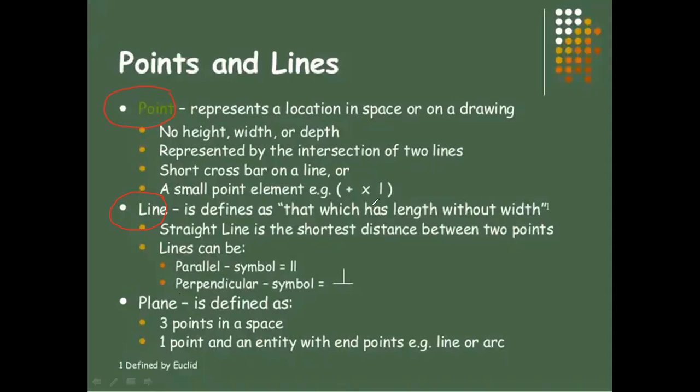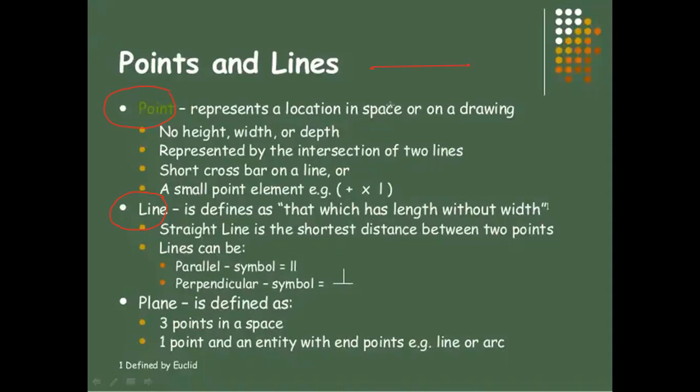Now, for example, we have one point and another point, and we connect them. That means it is a line. Whatever the length of the line you draw, it has no width.